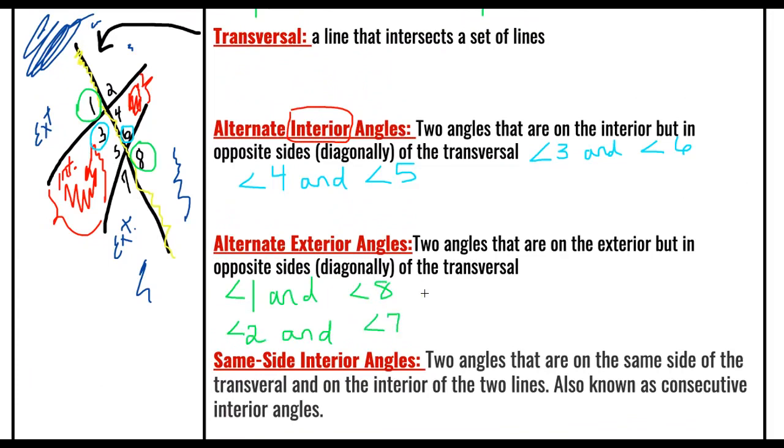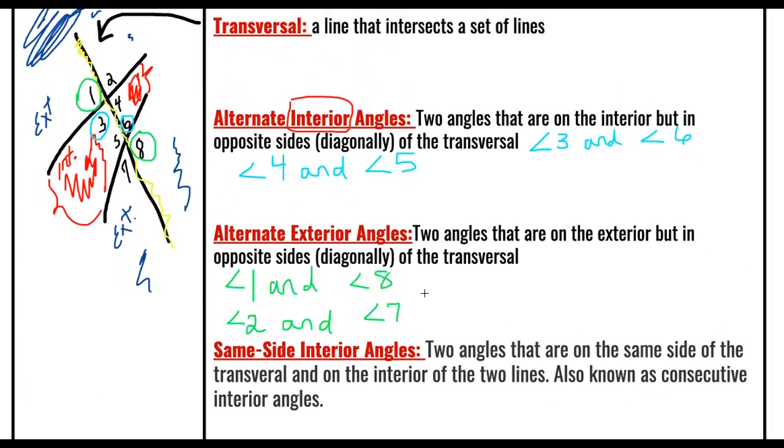All right, let's take a look. Same side interior angles. I might have to clear up some of my picture here. But this is referring to just interior. So we're only going to be looking in the red area with angles 3, 4, 5, and 6.